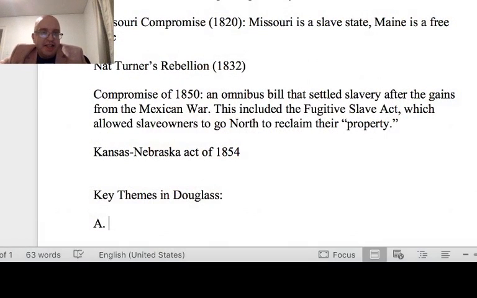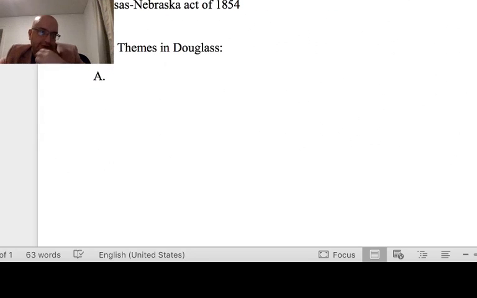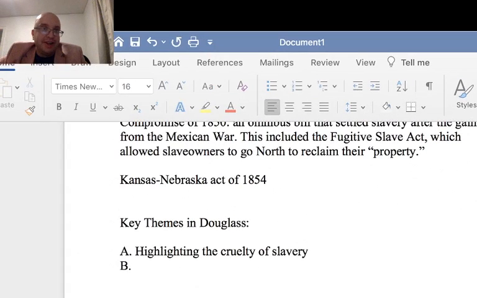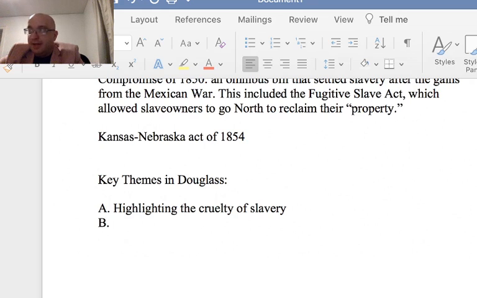What are some key themes in Douglass's narrative? One of them, of course, is highlighting the cruelty of slavery. We could talk about different passages in the text, but there's almost more than one instance, right? He talks about how his different masters, as he was growing up, whipped their slaves for no reason.